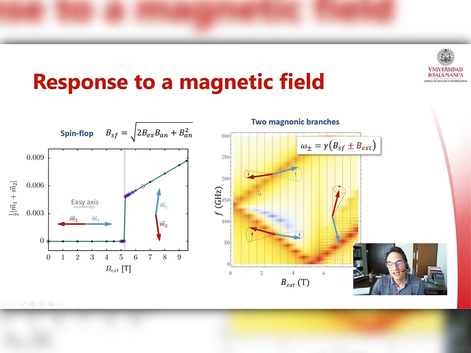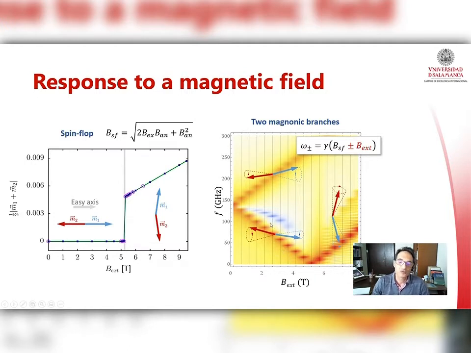And secondly, I want to point out that in antiferromagnets, unlike in ferromagnets, we have two magnonic branches when the field is applied along the easy axis, below the spin flop transition. At zero field, the two branches are degenerate, but as we start increasing the field, the two bands split and the gap between them opens.